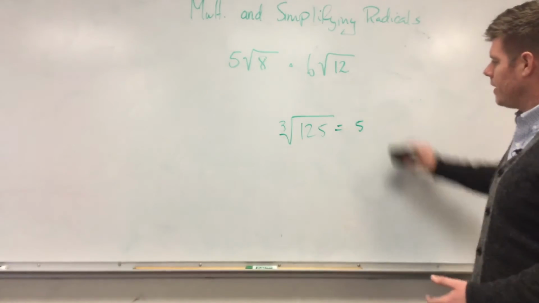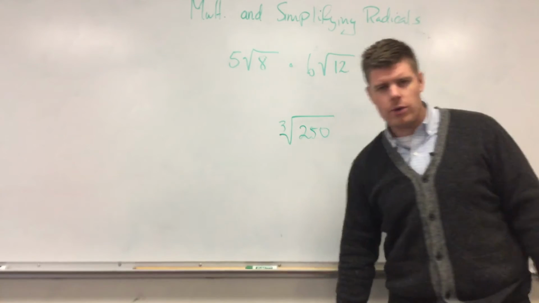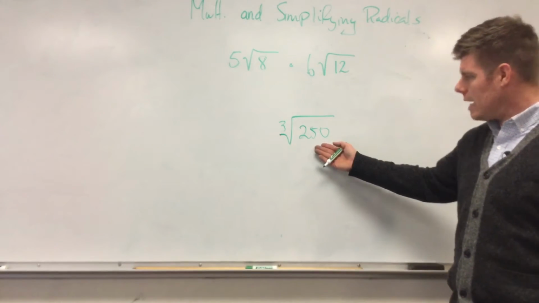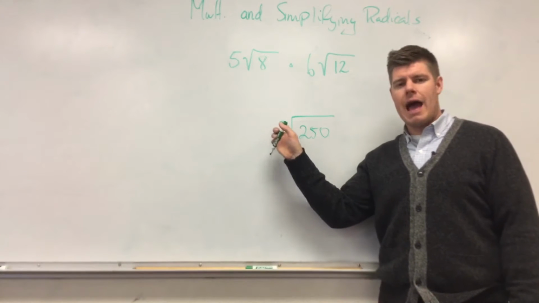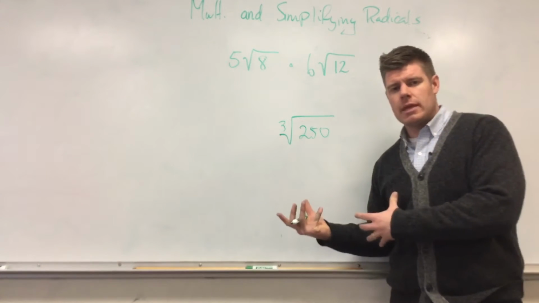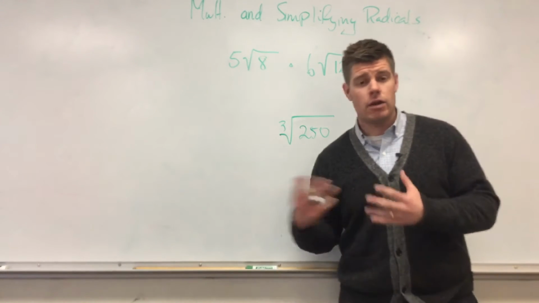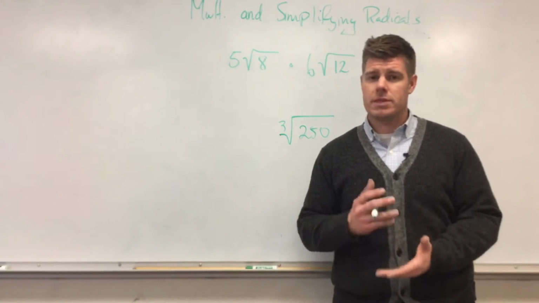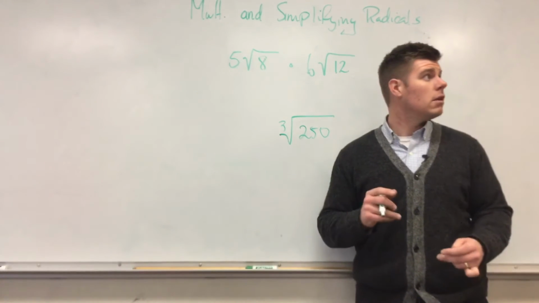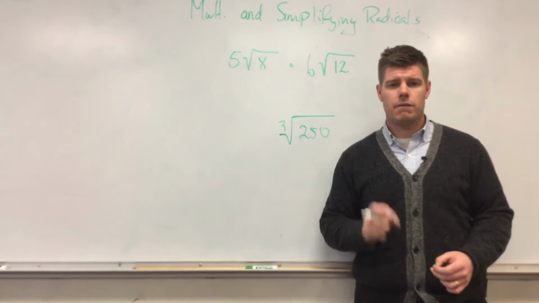Well, what happens if I take the cubic root of 250? How on earth is 250 created with this cubic root? If I type this into the calculator, I get some crazy decimal. Therefore, it's an irrational number, and I can't be specific. 250 cannot be created by multiplying a number by itself 3 times.